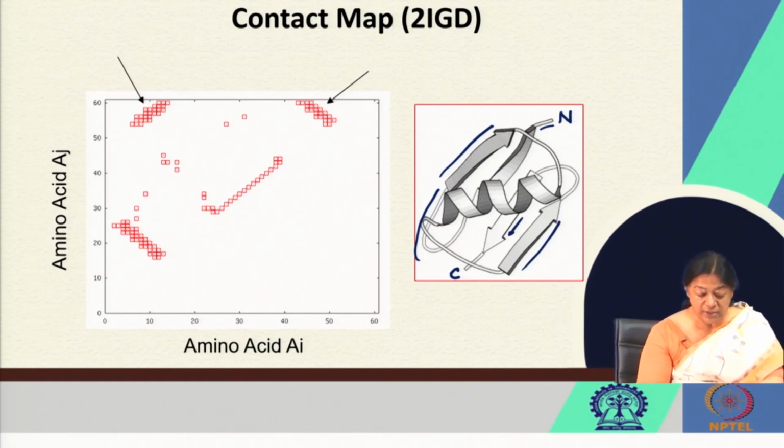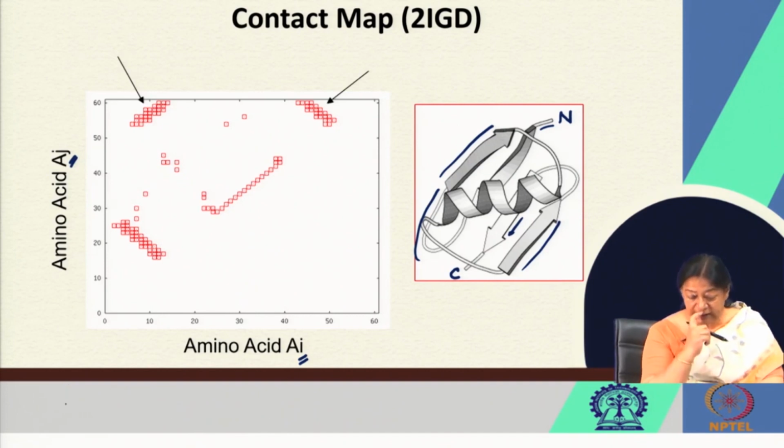So, now we understand what amino acid AI and what amino acid AJ means. And what are these red boxes that we have here? The red boxes are indicating that these residues that are located here are close to each other in three-dimensional space.